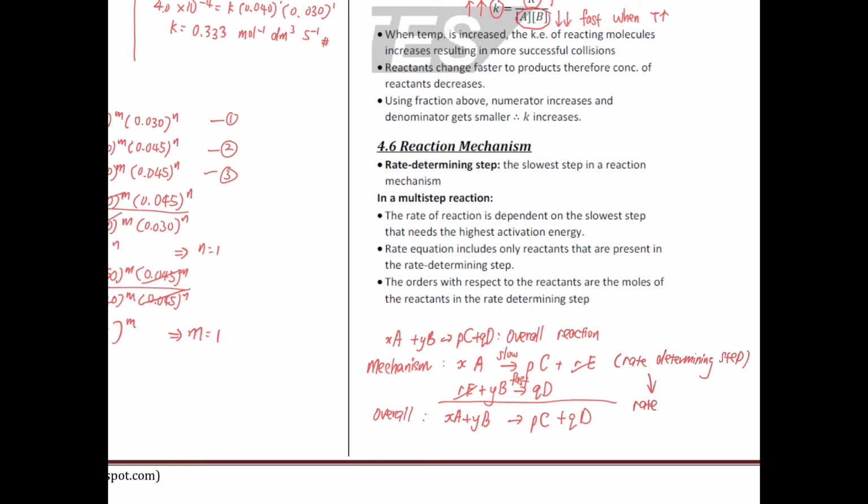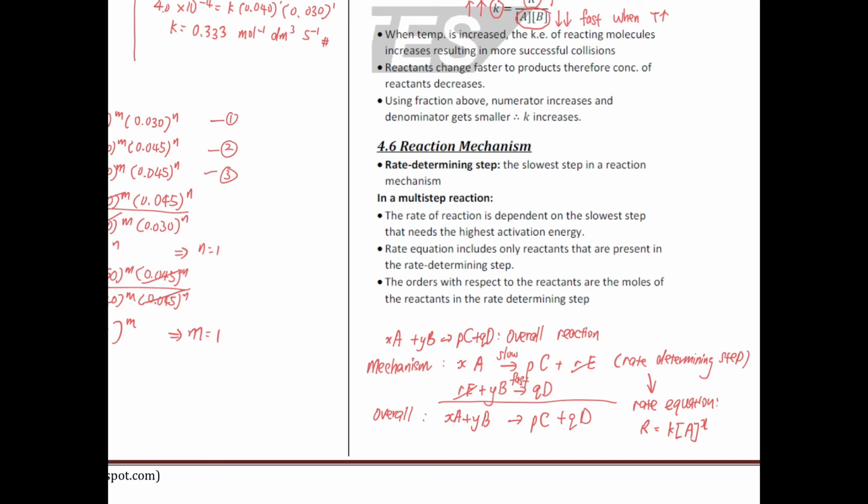For the rate equation, you look at the rate determining step: rate equals k. If your rate determining step has reactant A with X mole in front, then it's A to the power of X. If your rate determining step has no B, that means B is not there, or in other words, B is zero order.